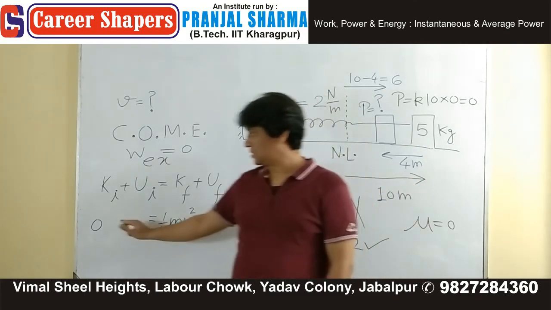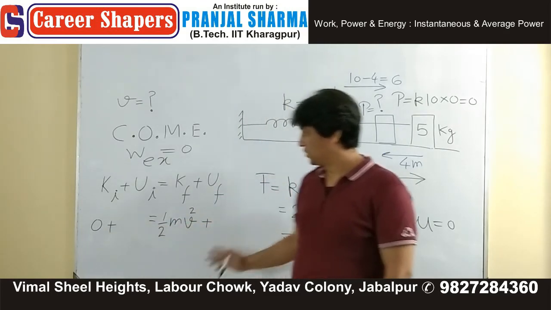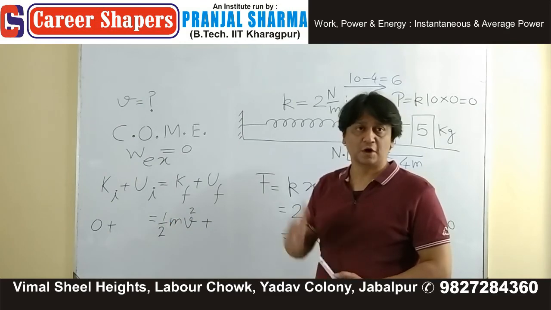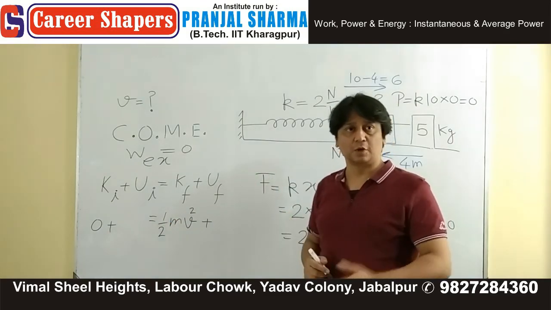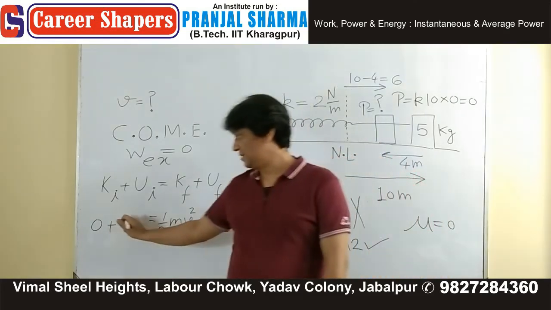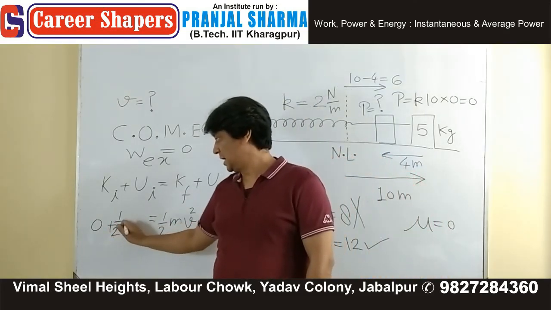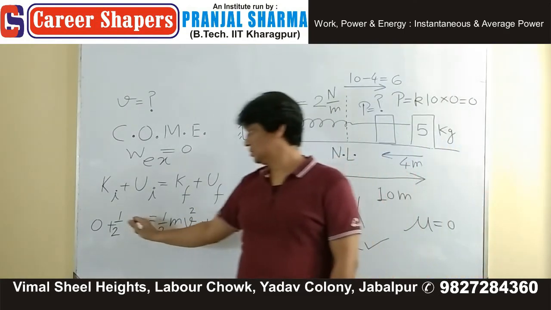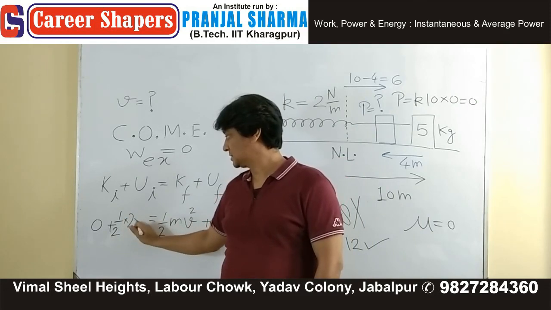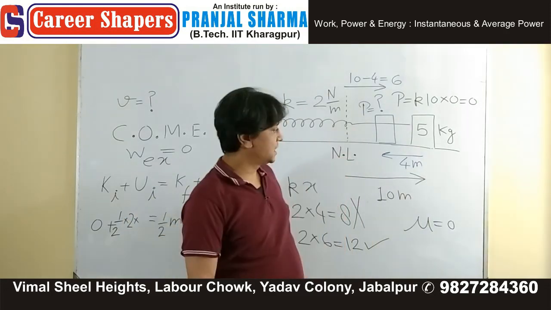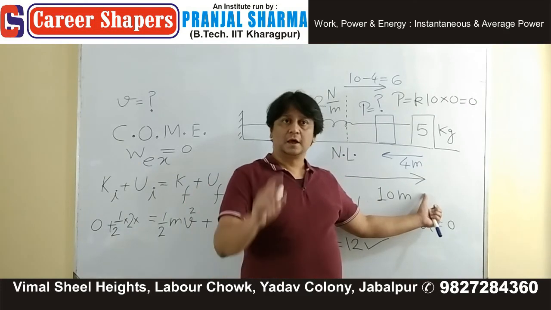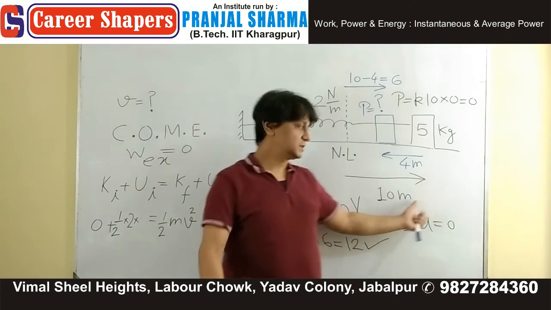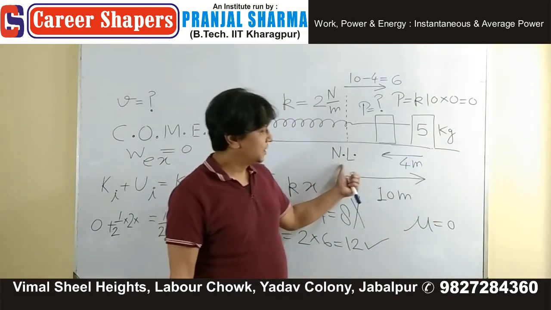So if you can write U initial and U final, then the question is done. What is U? It's not mgh. We are talking about the spring force, so half k x squared. Initially x is how much? 10. In half k x squared, x is again taken from the natural length.